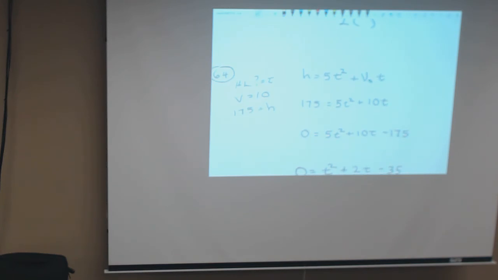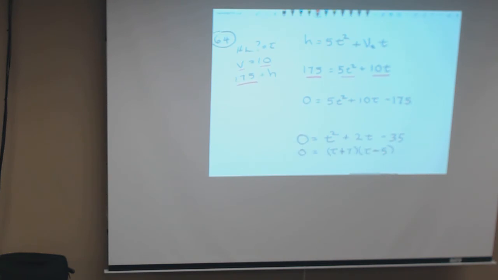Number 64 says, how long will it take a package thrown downward from a plane with an initial velocity of 10? So v is 10, from a height of 175. So I put 175 equals 5t squared plus 10t. And then do the same thing again. This time I saw I could divide them all by 5 and come up with t squared plus 2t minus 35.